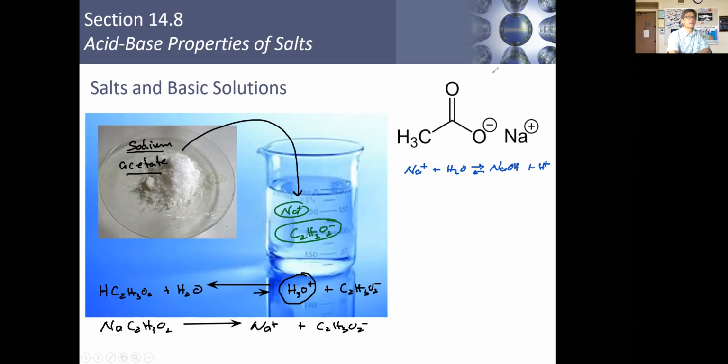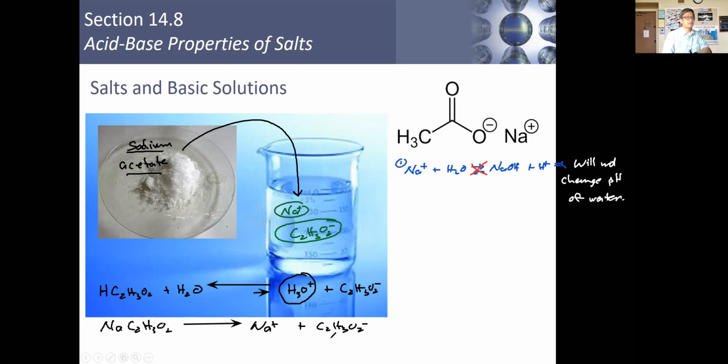So sodium here, which is the conjugate acid of a strong base, sodium hydroxide, will not change the pH of water. We know that's not going to happen.